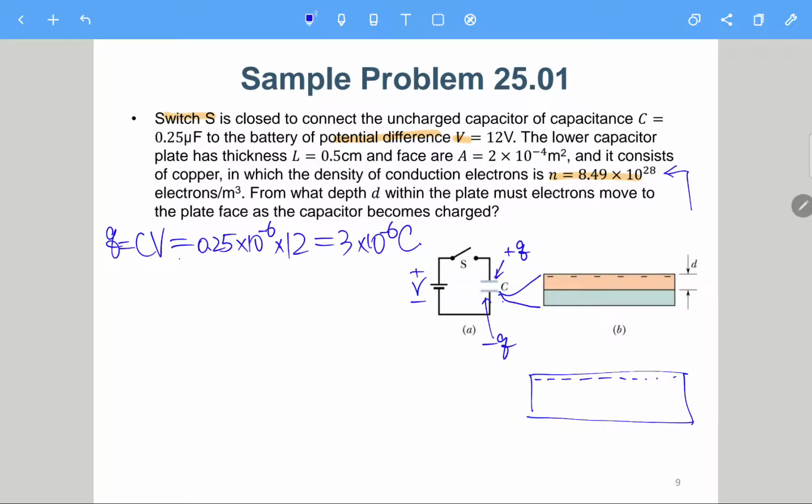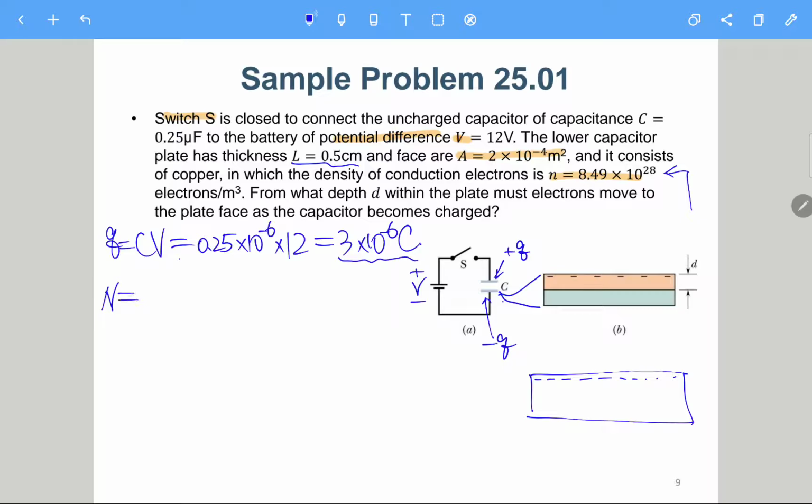And then it tells you that the plate has a thickness, but actually this number is not related to the solution. The face area is A, and the density is n. So first let us calculate how many total electrons there are for this charge amount.